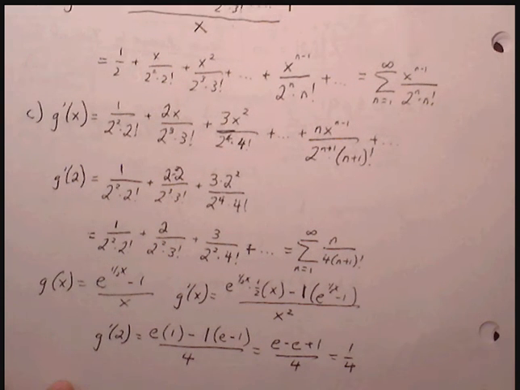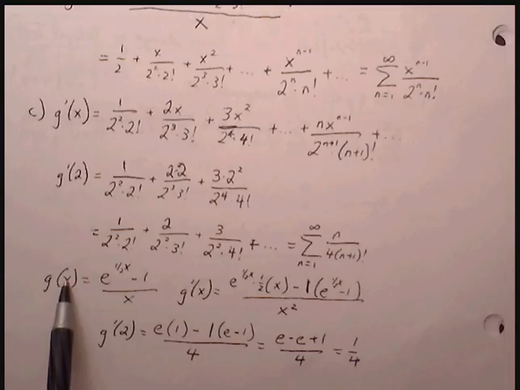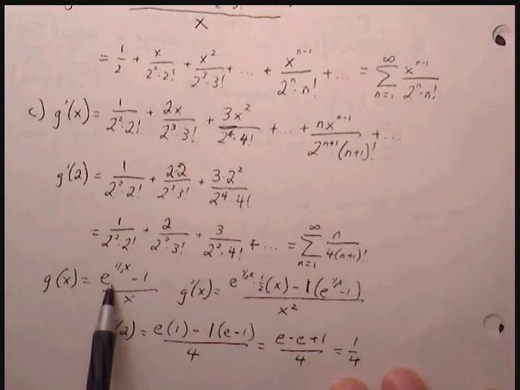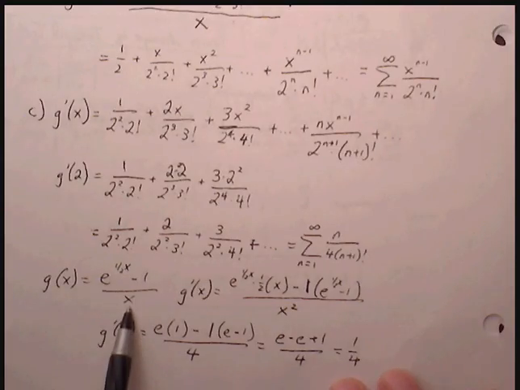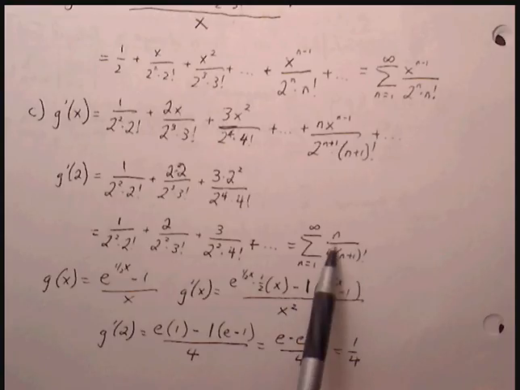So what that means is I can find g prime of x. We know g of x is e to the 1/2 x minus 1 over x, and if I just find the derivative of this expression and plug in 2, then I should be able to get down to a value that will match up with what they want us to show.